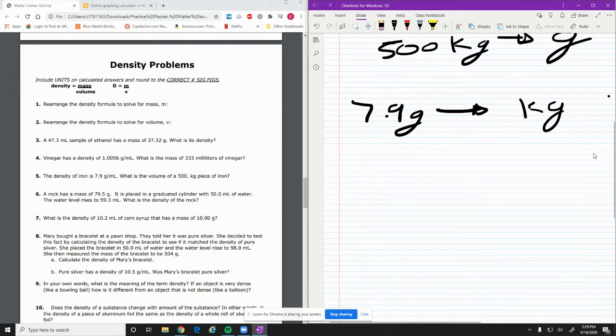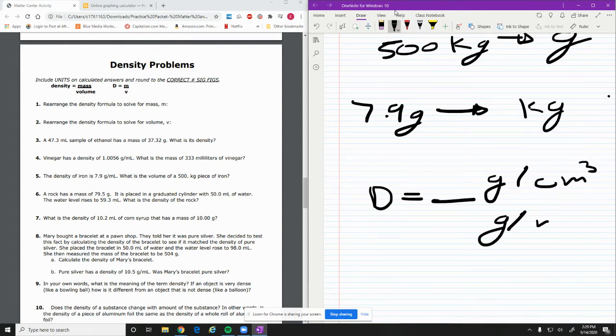Density is always given to you as a number, and then the units are either grams per centimeter cubed, or grams per ml. So I will not turn this 7.9 gram to kilogram because it's supposed to be in grams.